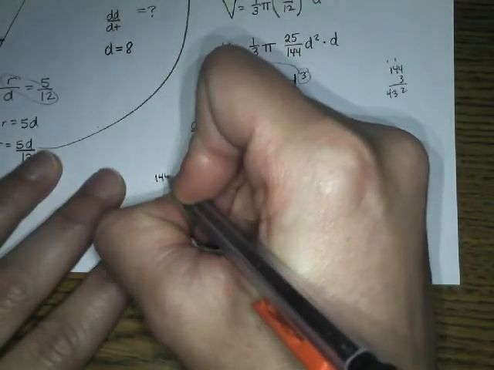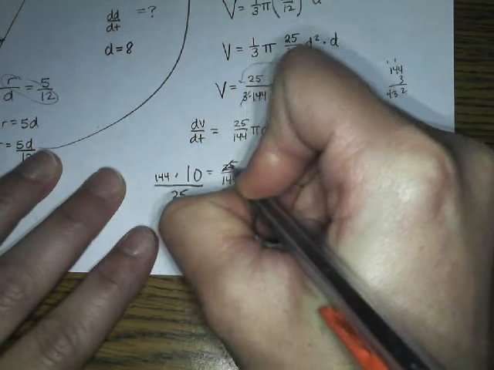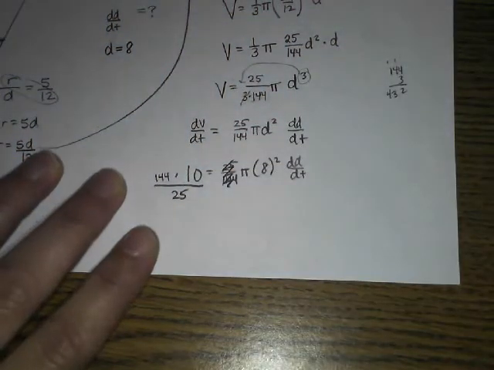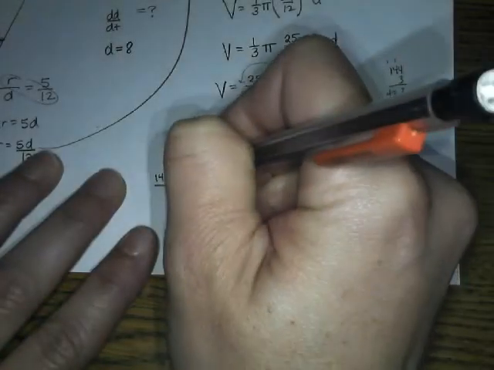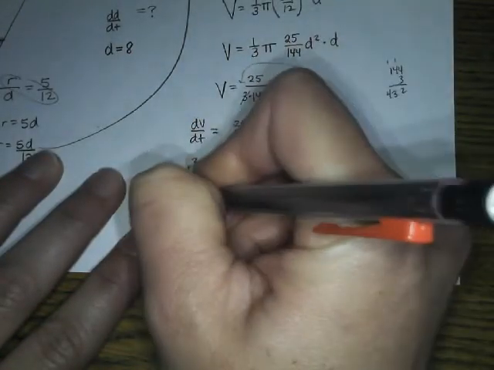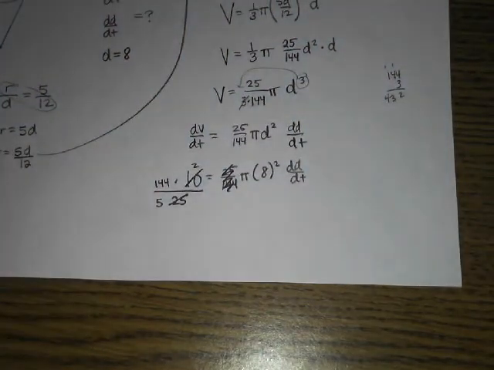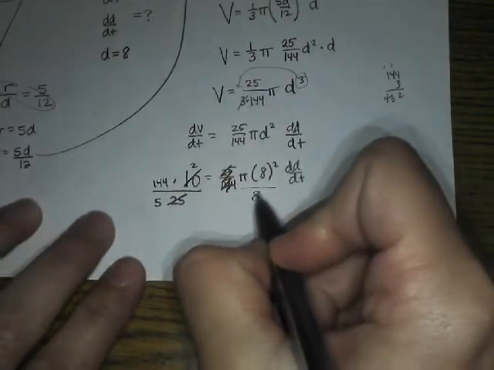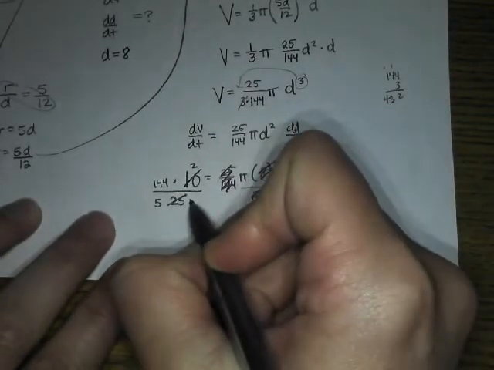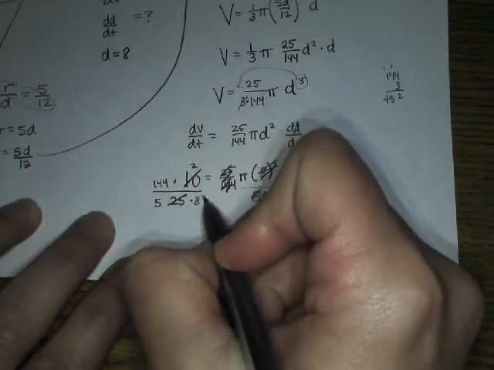And in doing that, I can reduce the 10 and 25, yes? Divide by 5, this is 2. Divide by 5, this is 5. And then I can divide by the 8 squared. And so that's going to put an 8 squared in the denominator. Maybe I'll write it as 8 times 8 even.